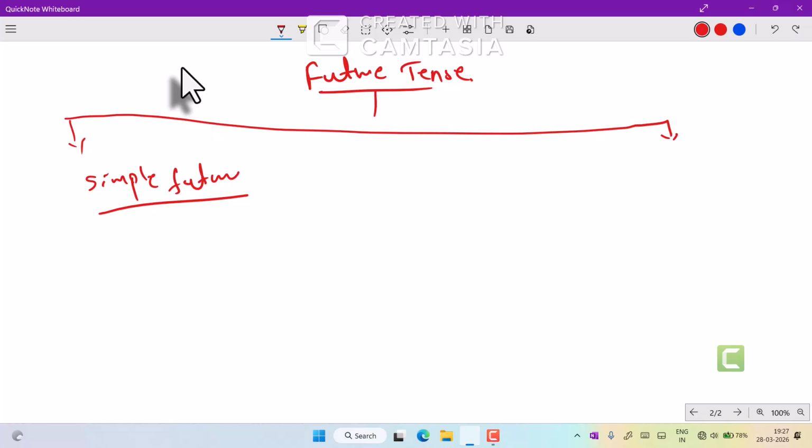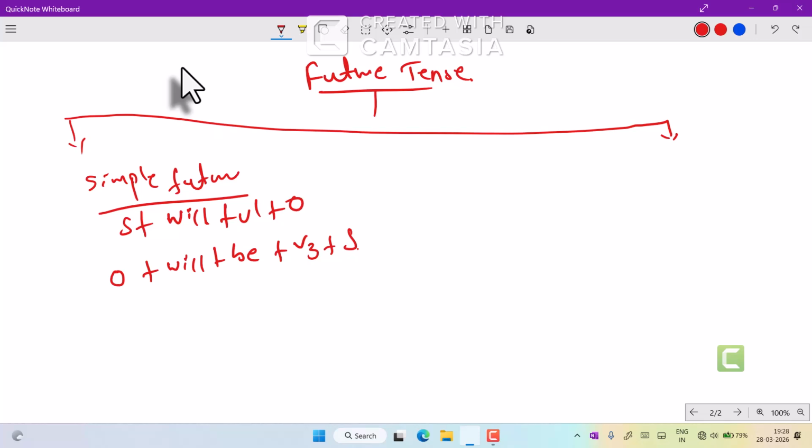Now you see, the structure is subject plus will plus V1 plus object. For passive voice: object plus will plus be plus V3 plus subject. This is what our structure is.